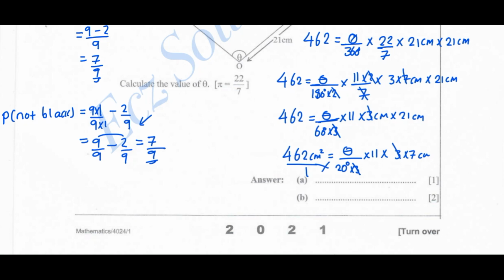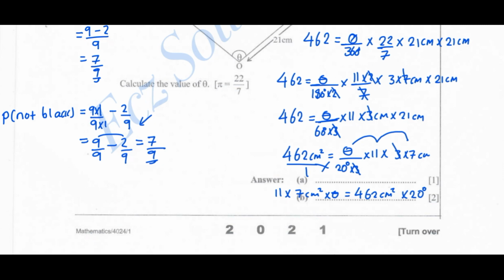So here we have theta times 11 times 7. So 11 times 7 centimeter squared times theta is equal to 462 centimeters squared times 20 degrees.